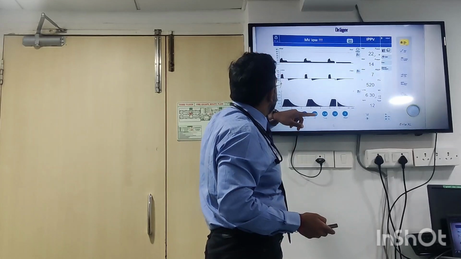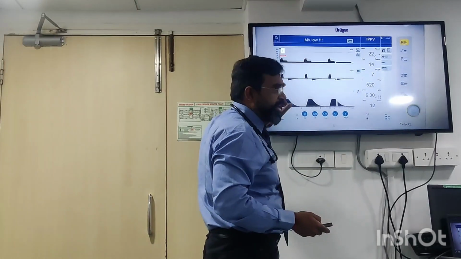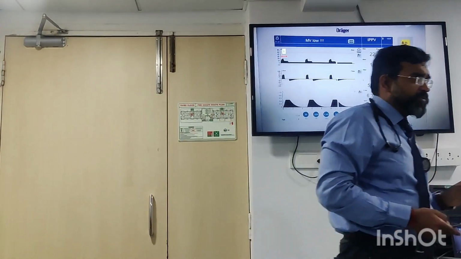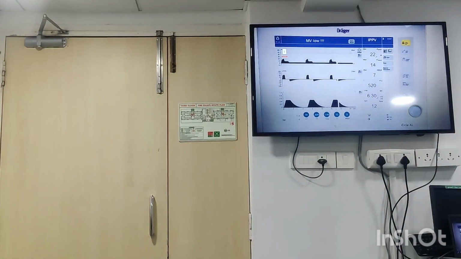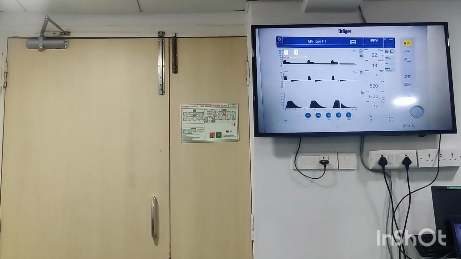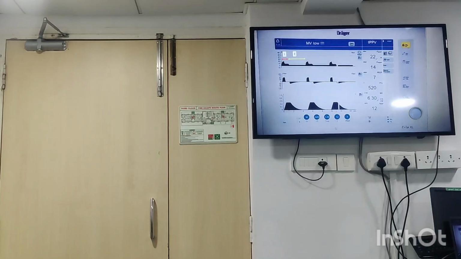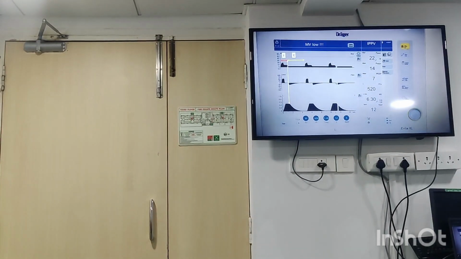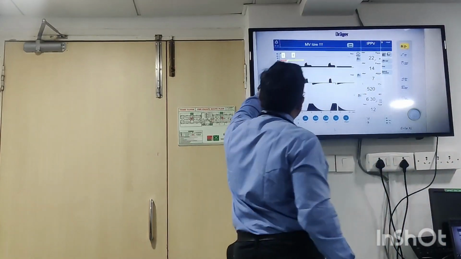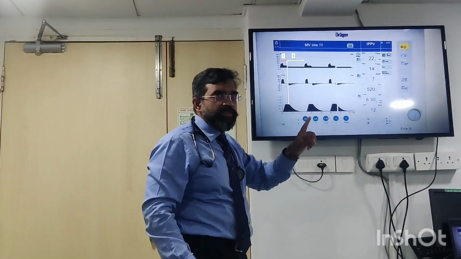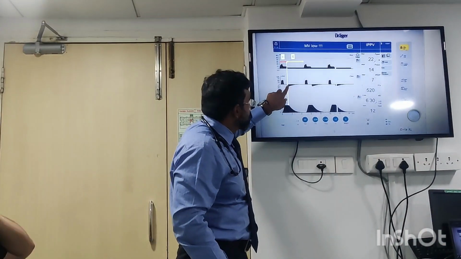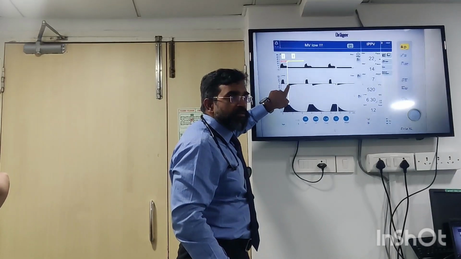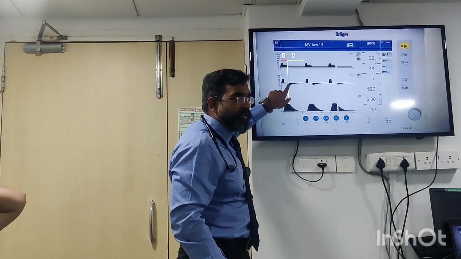Pressure. This is my inspiration. This entire part is my expiration. If I would divide this line, it is like this. So you have an inspiration, you have an expiration. See where the expiration is cutting off from the flow waveform. The expiration is cutting off the flow waveform right here.